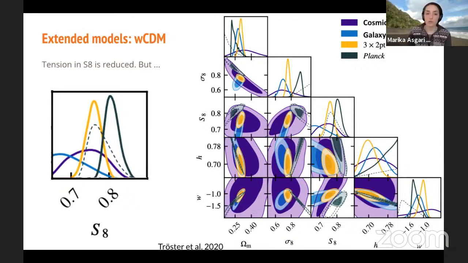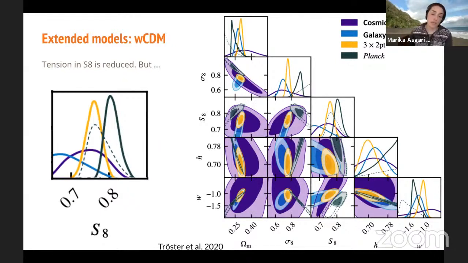The wCDM model is very similar to lambda CDM, just has an extra parameter that governs the equation of state for dark energy. So it allows dark energy to vary with time, basically. Now this plot here is showing constraints for different parameters. You have the S8, sigma 8, omega m, you have w and h.